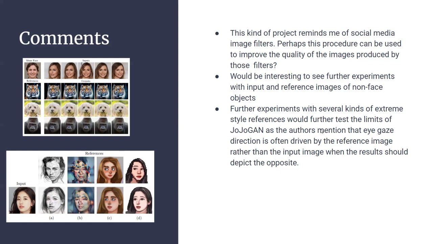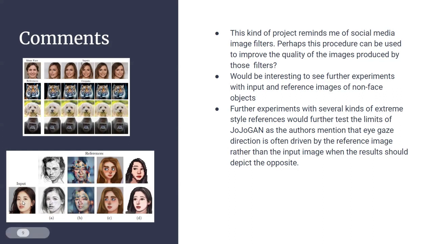And I think it'd be interesting to do more experiments with different kinds of extreme style references to test the limits of JoJoGAN, because the authors mentioned that the eye gaze direction is usually driven by the reference image rather than the input image, when the results should depict the opposite.